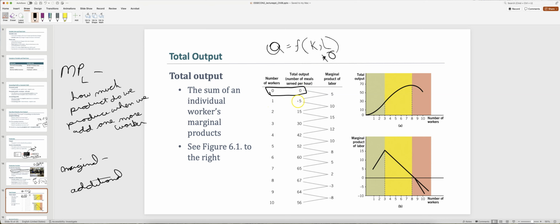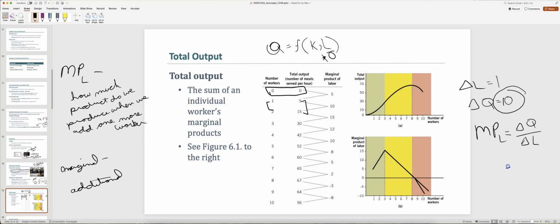Once you get one worker, now I'm producing 5. And when I go from 1 to 2, so when I have a change in my labor by 1, the change in my output is 10, right? Because I'm going from 5 to 15. That right there is my marginal product of labor. So my marginal product of labor would be how much more I produce based on how many more workers I have, which in this case would be 10 over 1, which is 10.